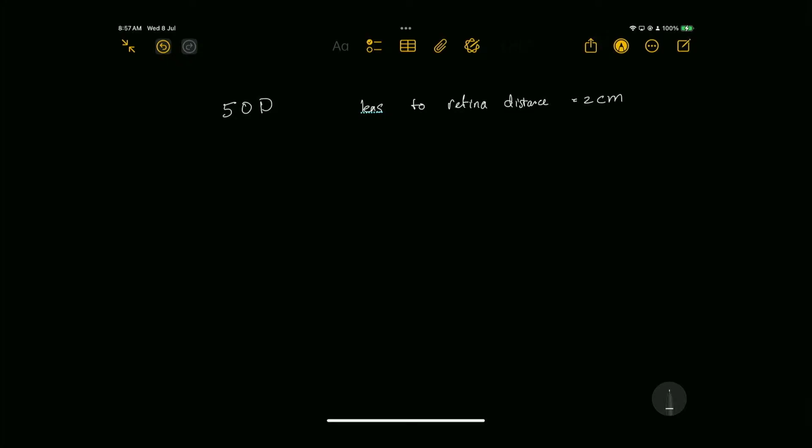How do we calculate this? By using P equals 1 over U plus 1 over V. Right.